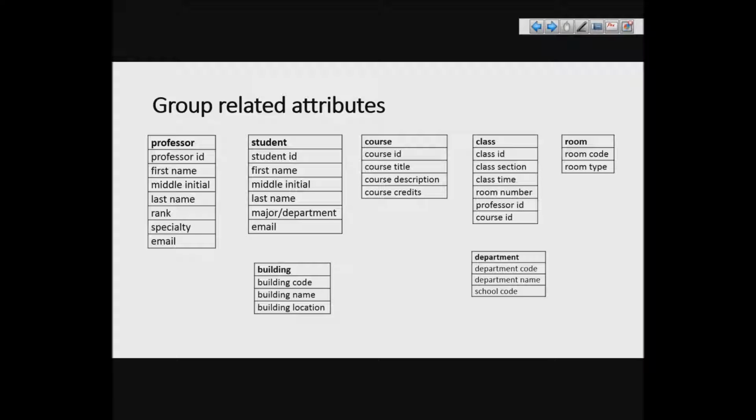What is the relationship between, let's say, a professor and a class? Who can tell me what the relationship is between a professor and a course or a class? That's correct. The name of that relationship is teaching. So a professor teaches the class.